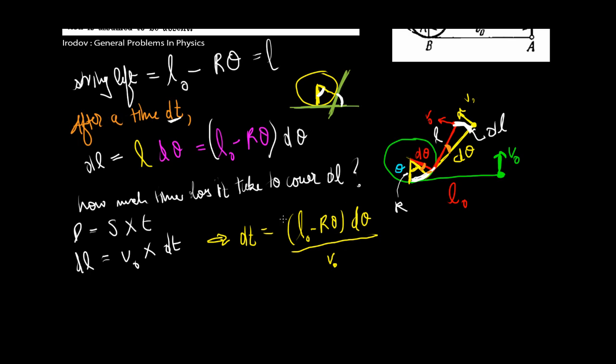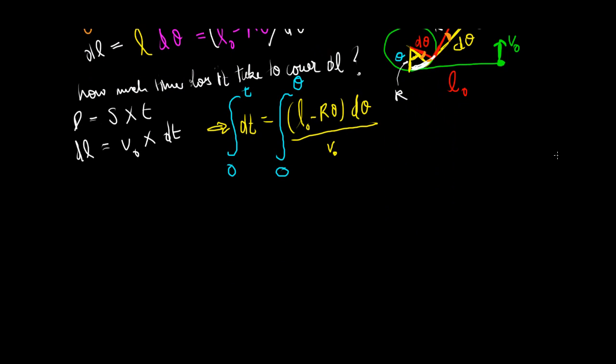What I can do now is integrate both sides. Time goes from 0 to some time t, and theta goes from 0, because initially the angle was 0, to some angle theta. So what do we get here? On the left hand side we have t.